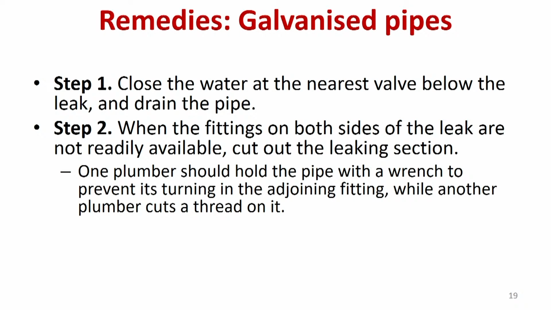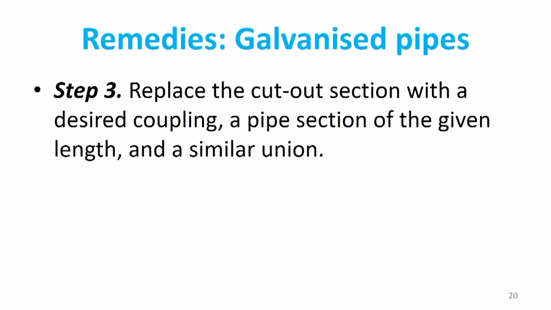There should be two persons. One person should hold the pipe with a wrench so that it does not turn, while the other person cuts the thread so that they can join together with the help of the threads. That is one of the remedies for the galvanized pipe.